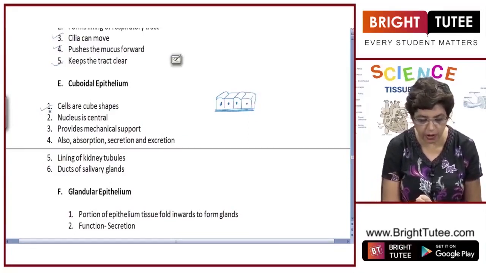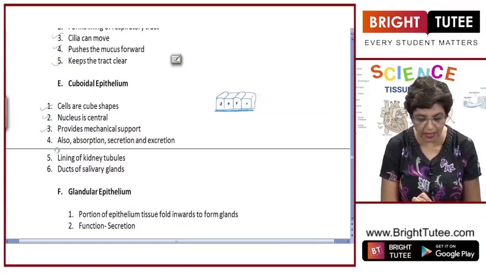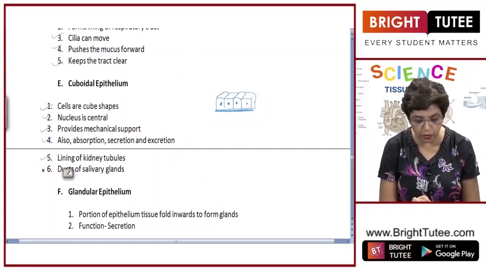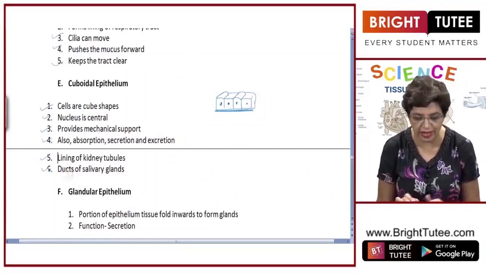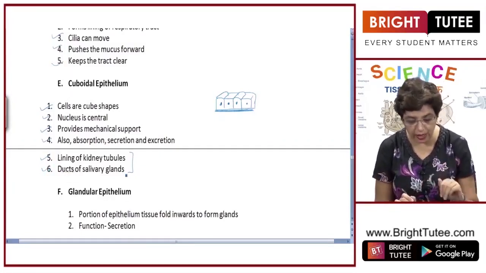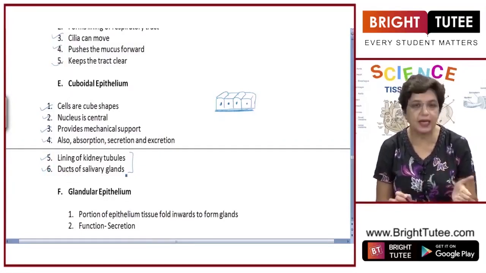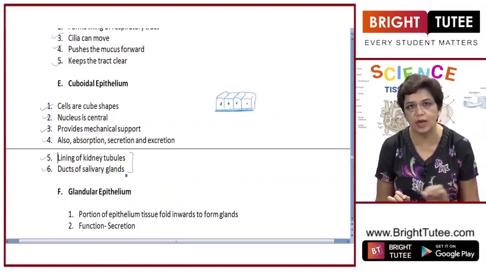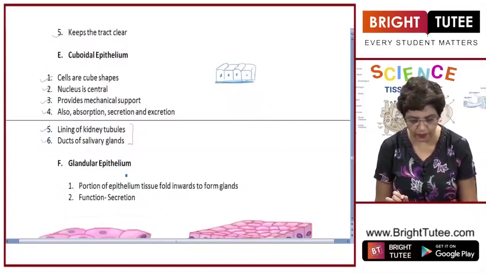Cells are cube shaped, the nucleus is central, it provides mechanical support, also helps in absorption, secretion and excretion. They form the lining of kidney tubules and ducts of the salivary glands. You have to remember where they are located because a question can come. Which type of tissue forms the lining of kidney tubules? So you have to remember where each type of tissue is located.